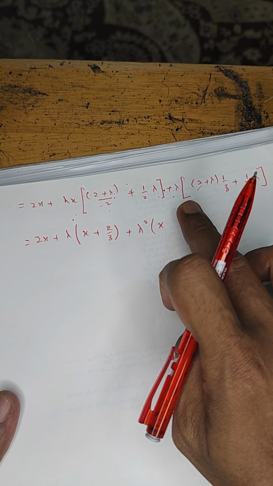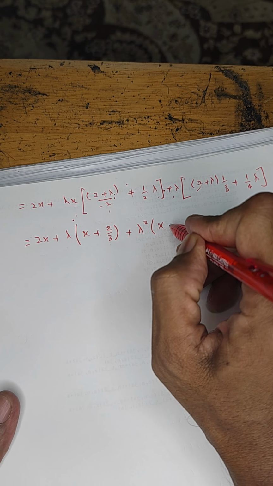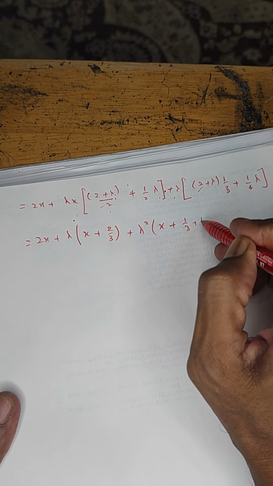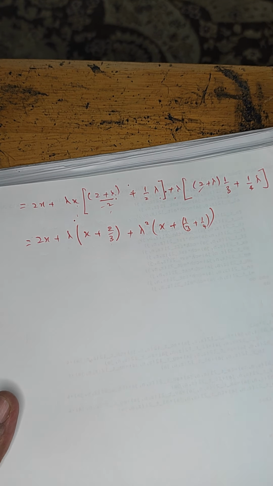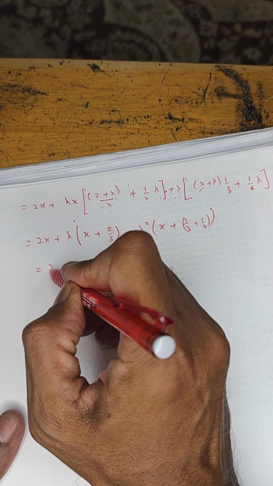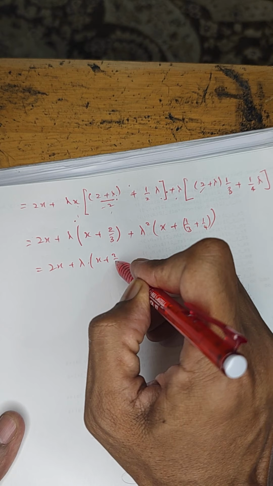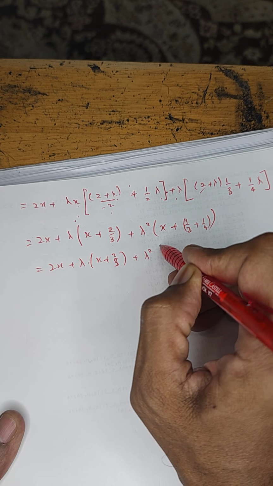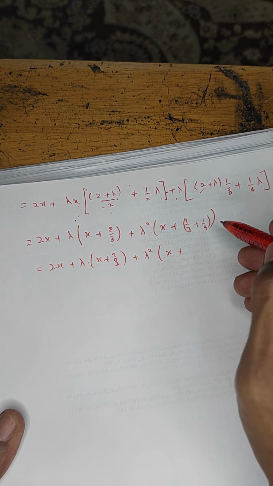And for this part, just lambda squared, we have that and that, so we have plus 1 over 3 plus 1 over 4 for lambda squared. So this gives you 2x plus lambda x plus 2 over 3 plus lambda squared, x plus 7 over 12.